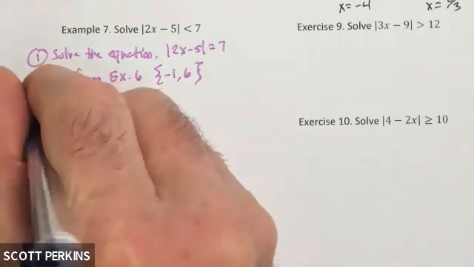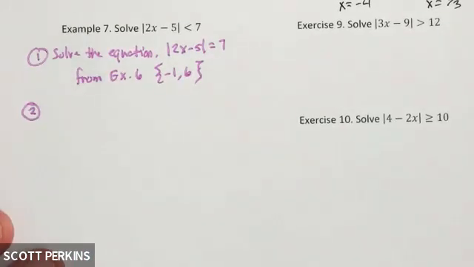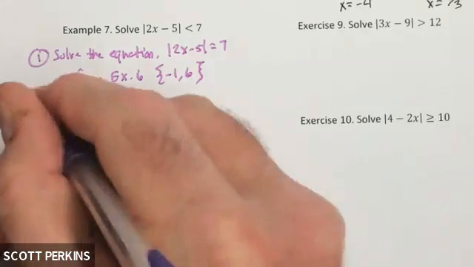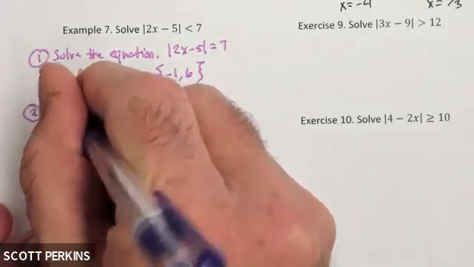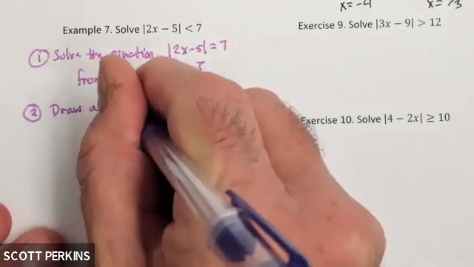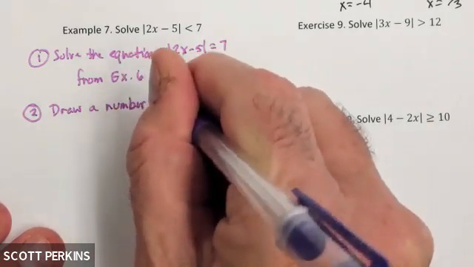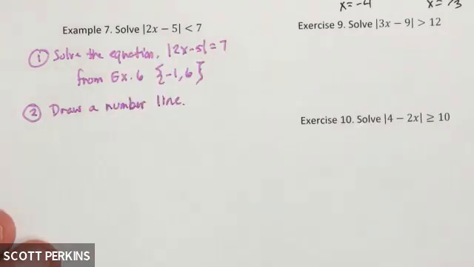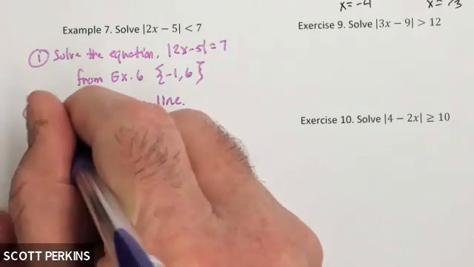The second thing that you're going to do, is you're going to draw a number line. And what this number line represents is it represents the domain.